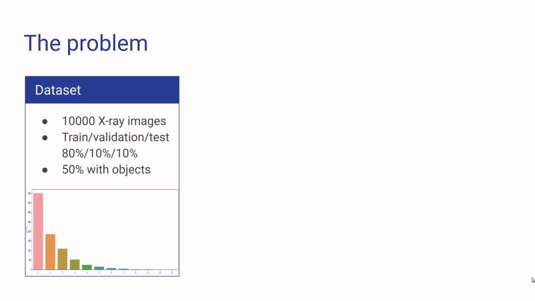Furthermore, in the training set, of the images with objects, most of them have a single object. It means that about half of them, that's 25% of all images, have only one object. The number of objects is plotted in this picture.